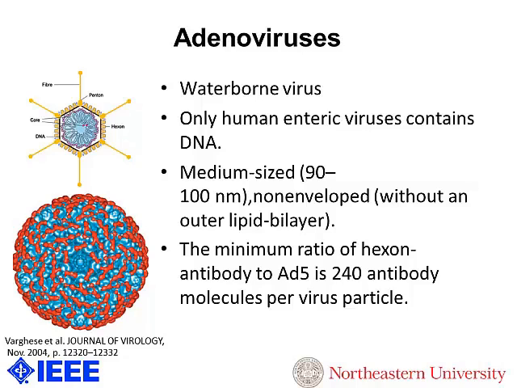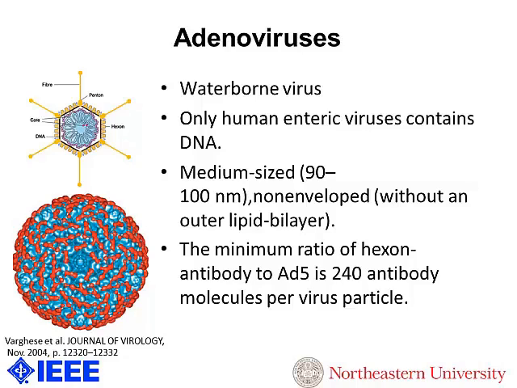Their size is very small, and they are non-enveloped, which means they don't have an outer lipid layer. Their proteins, as you can see in the upper figure, are located on the outer surface of the viruses. So by targeting these proteins, we can detect the viruses very easily.